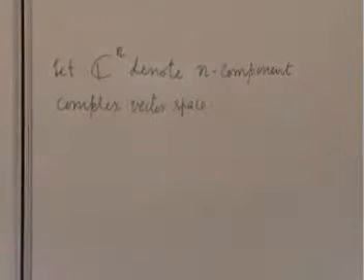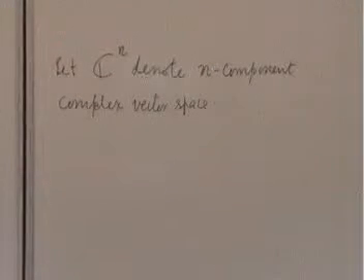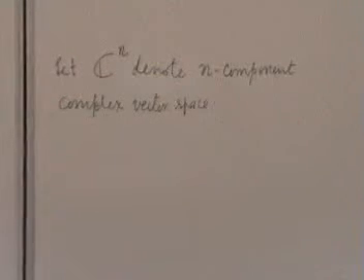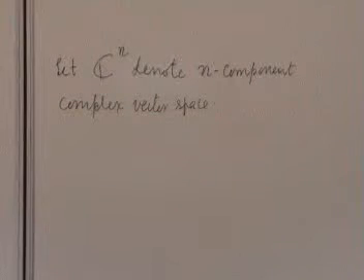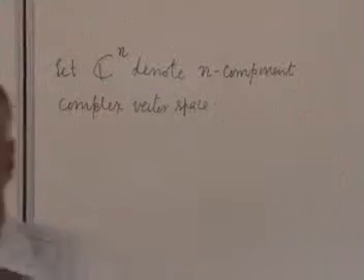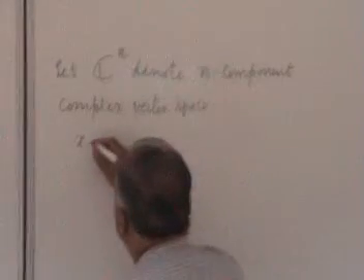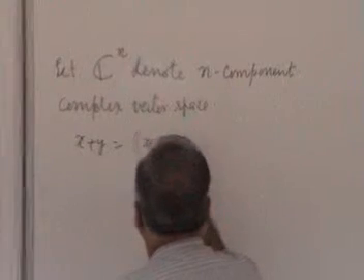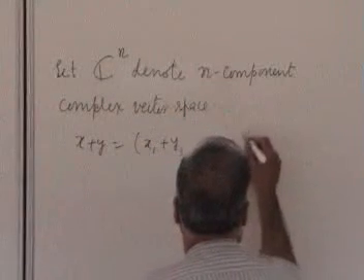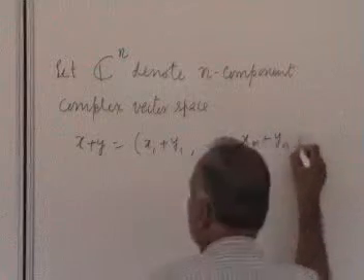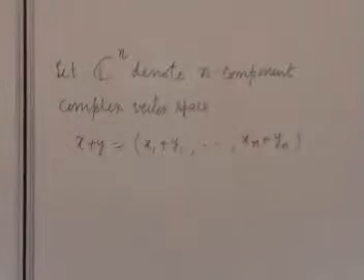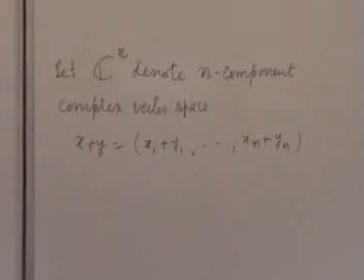What does that mean? I take all the n-component vectors, addition is component-wise, and you can multiply every vector by a scalar, and the scalar can be complex, and that's again multiplication component-wise. So what it says is x plus y is (x1 plus y1, ..., xn plus yn), with x and y as here, for every x and y.